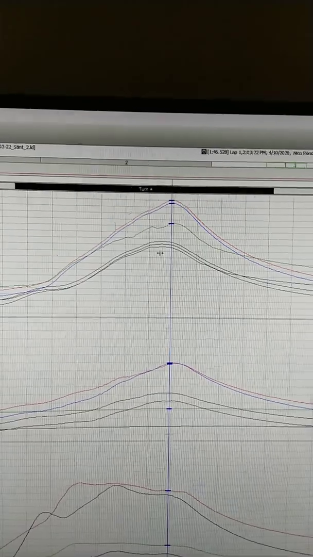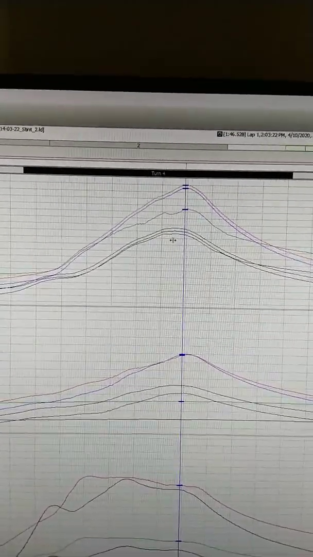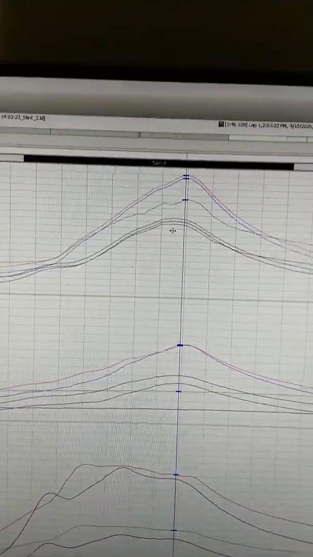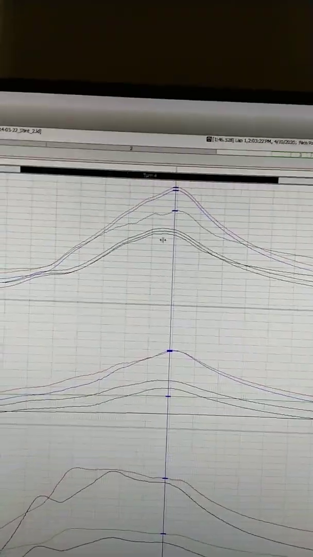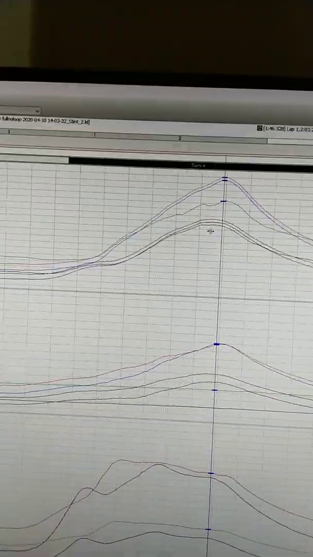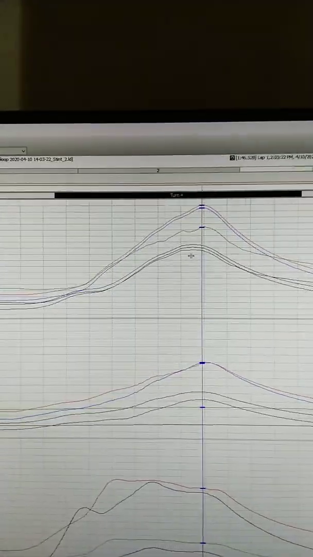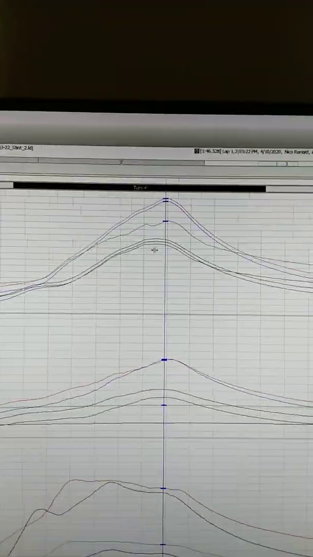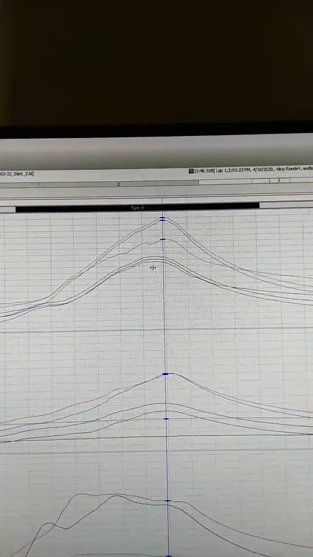Now, let's imagine that I were driving the black line, and for some reason my temperature is way up on top. Well, now, because of too much toe, too much caster, too much camber, whatever, it would feel a lot sooner like you're at the limit.